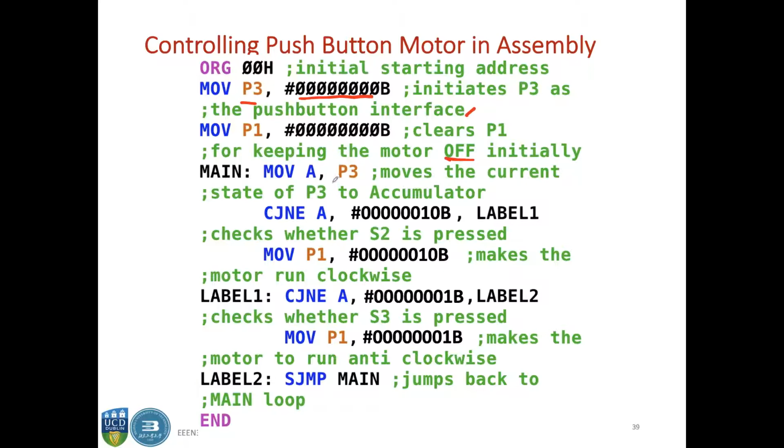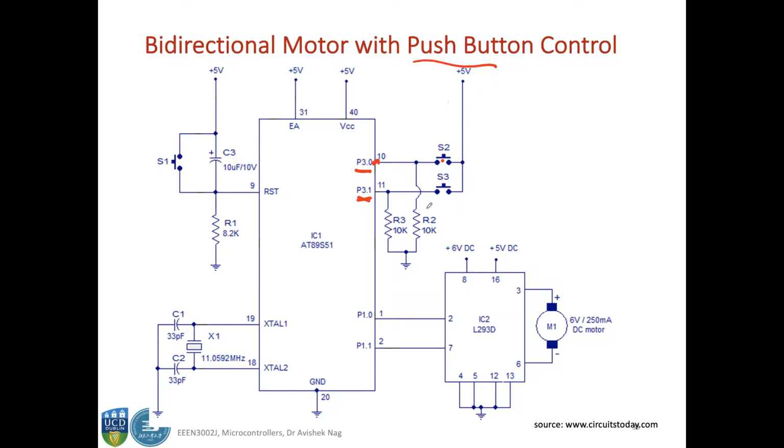Then you move the current state of P3 to the accumulator, and then you compare it with this binary arrangement. If this switch is closed, then you will have 3.0 as a high voltage state.